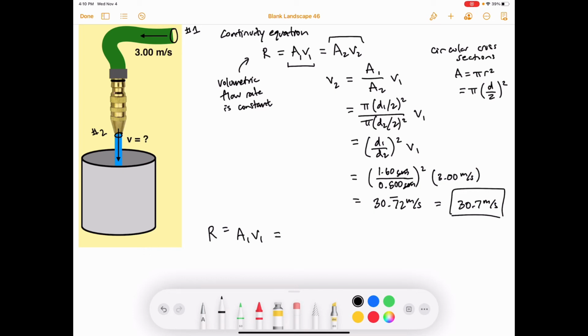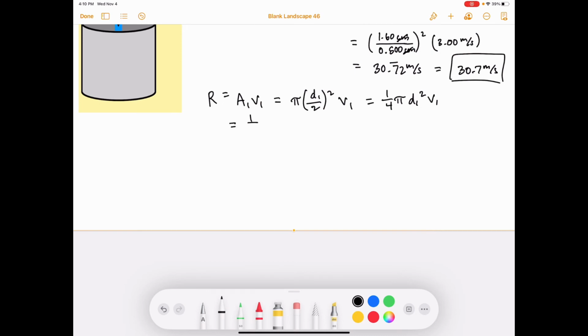So again, the area is pi times diameter over 2 all squared, and that's times V1. So we have a quarter. It's 1 over 2 squared is a quarter times pi d1 squared times V1.